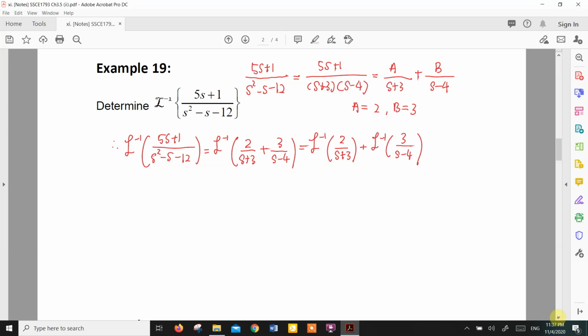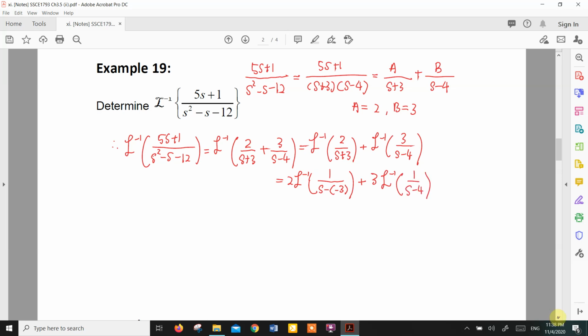These two constants you take out, and then you are just left with the inverse of 1 over s plus 3, plus 3 inverse Laplace of 1 over s minus 4.